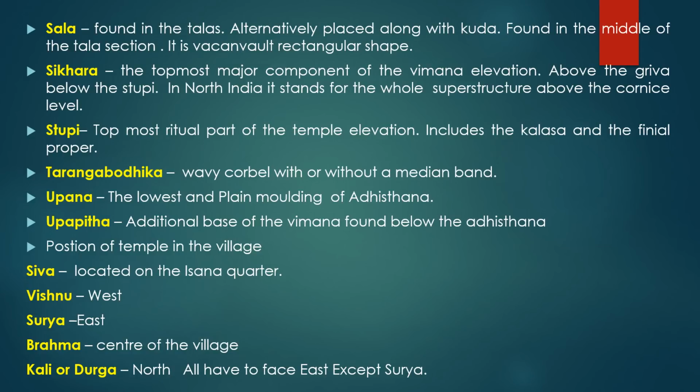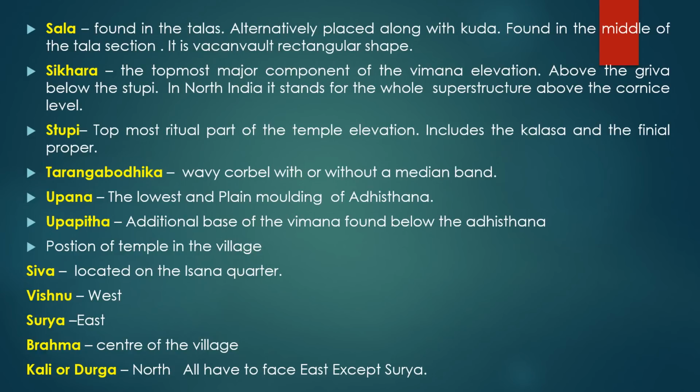This is known as Taranga Bodhika. In the early period, in the Pallava period, we don't come across this kind of Taranga Bodhika on the pillars. Only a little bit later, the wavy corbel appears on the top of the pillar.